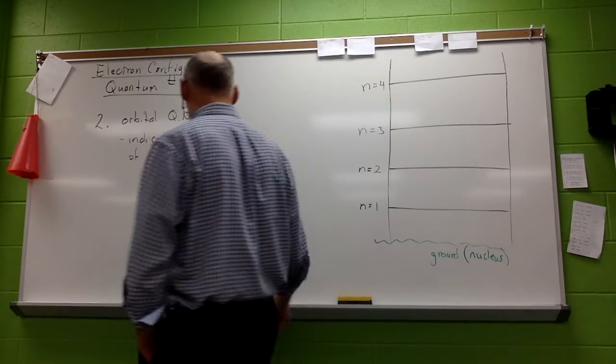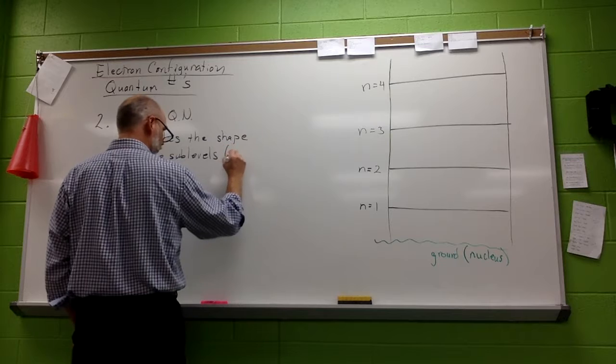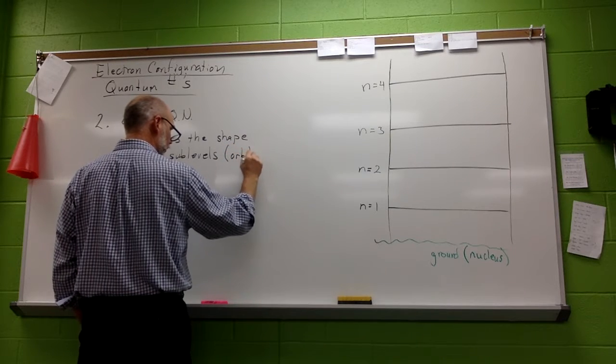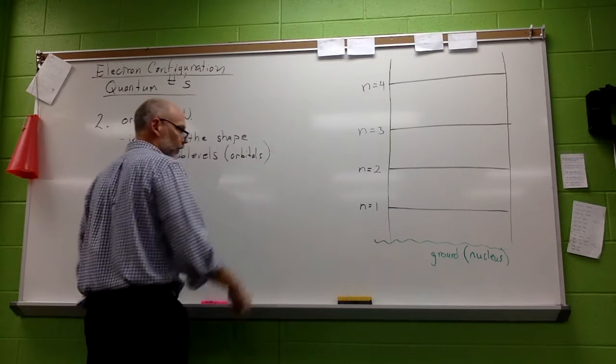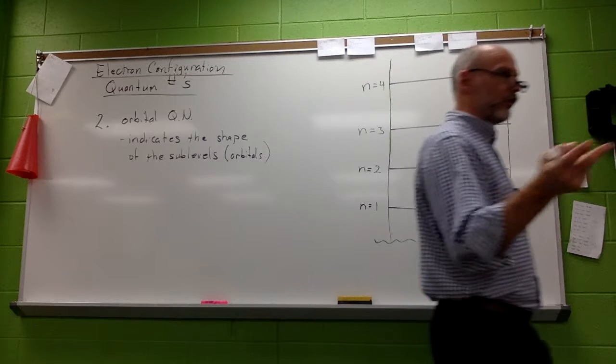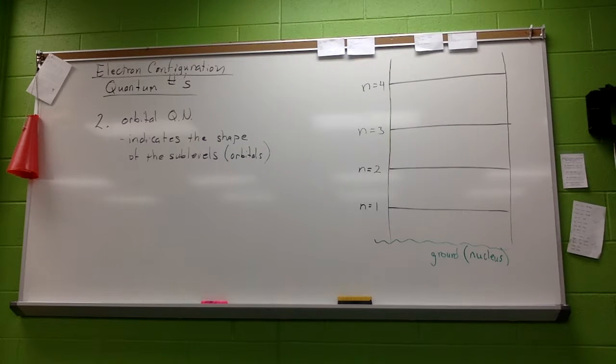Now, we're going to use different words to represent sublevels. Orbitals is one of them. So I will use the word sublevel and orbital interchangeably. You'll see information at various places that use those two words interchangeably.